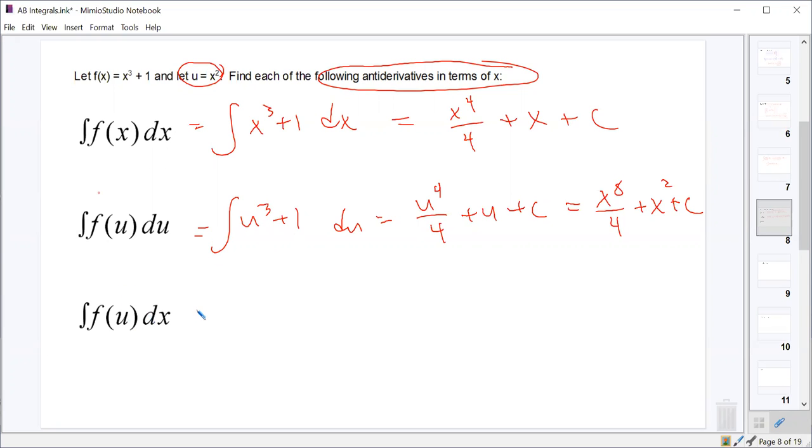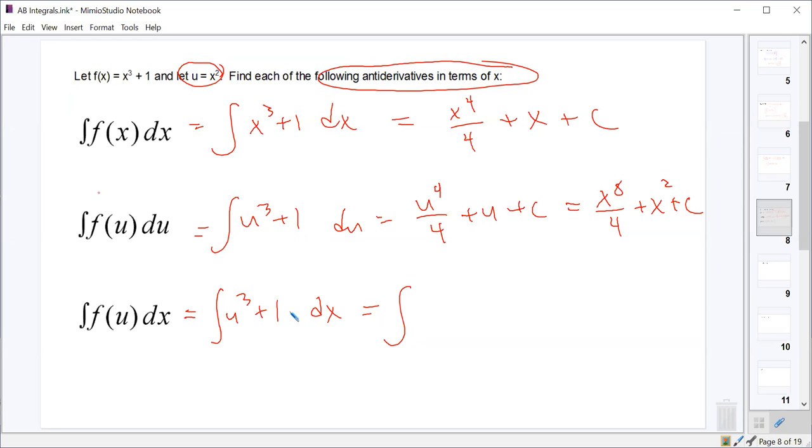one, when it's f of u, right, u cubed plus 1 dx, we're still integrating u cubed plus 1, but we have to do it now in terms of x. And so in order to integrate this, I can't have a u inside of here. So I have to change that into terms of x's now.